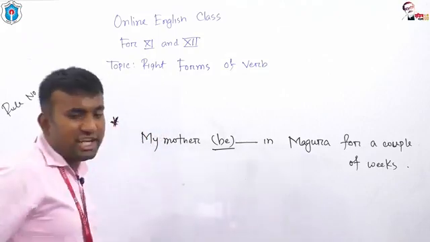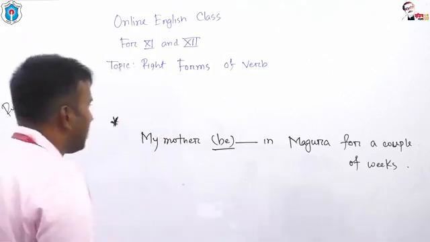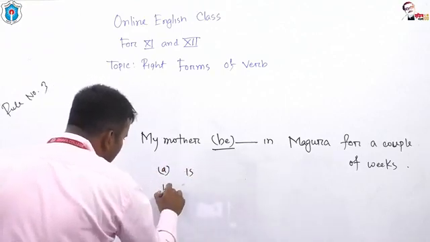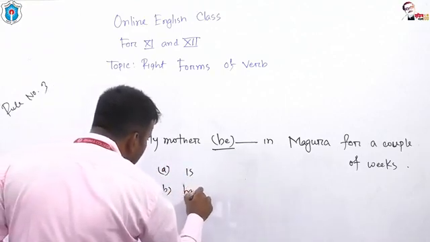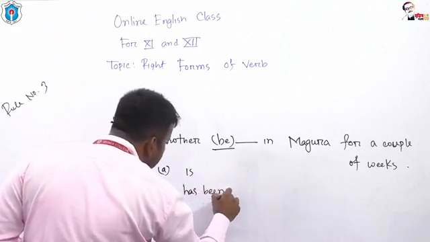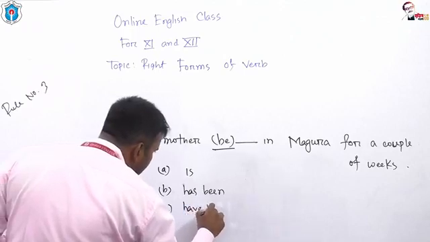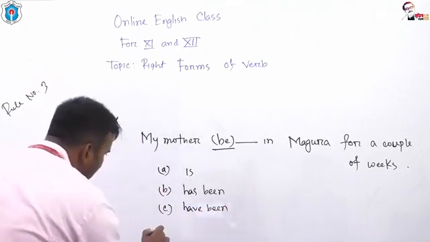This kind of question is given in university admission test. If I give you some options: option A is "is", option B "has been", option C "have been".